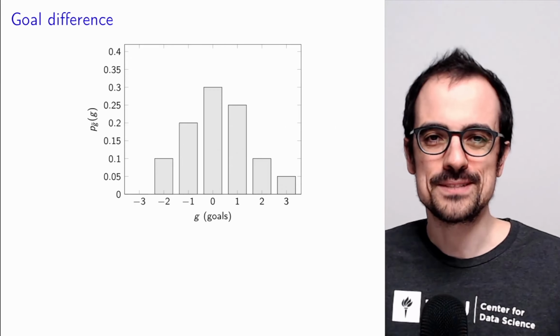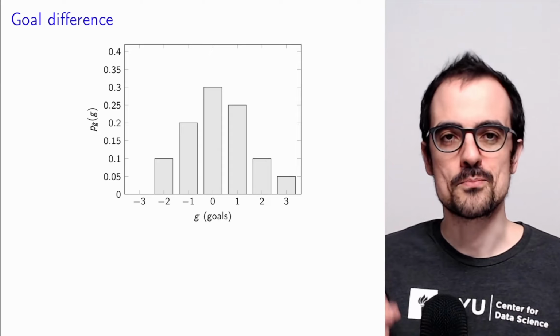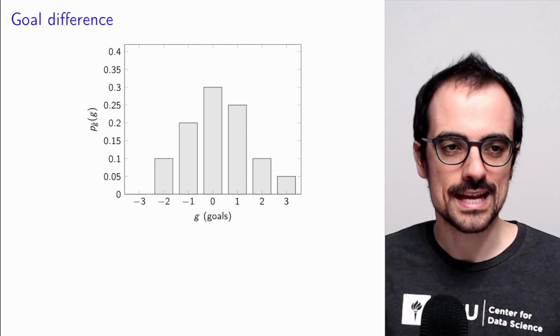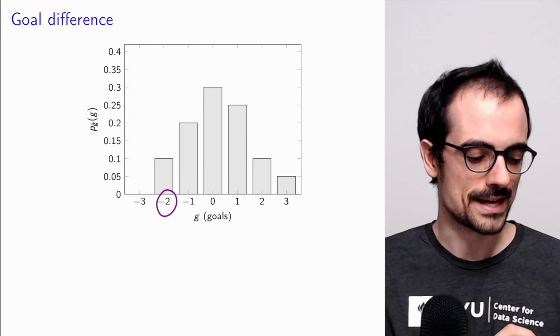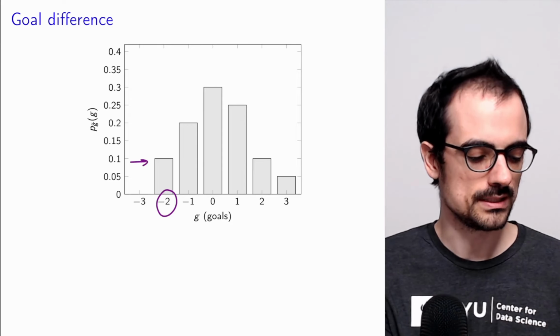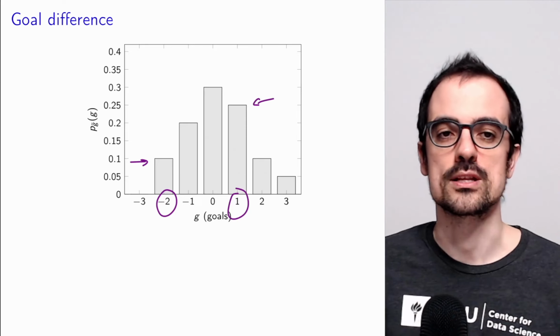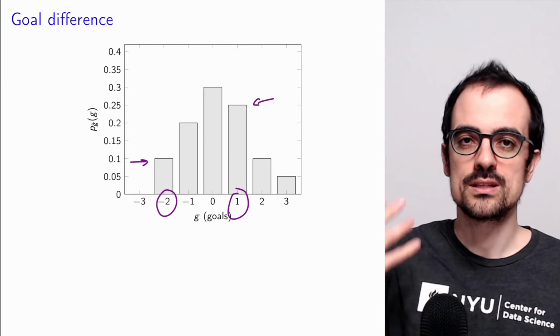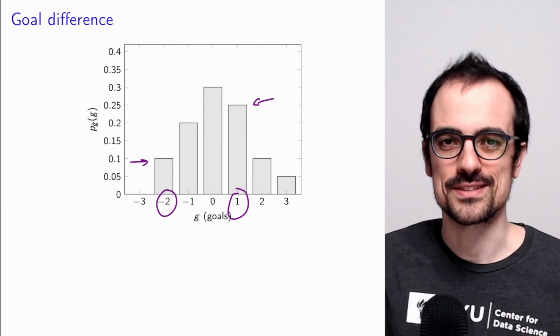Let's do an example. Let's imagine that we have a random variable that models the goal difference in a soccer game. So here, the probability that we have -2 goal difference is 0.1. The probability that we have goal difference of +1 is 0.25, and so on and so forth. How do we compute the typical number of goals, the expected value or mean of the number of goals?